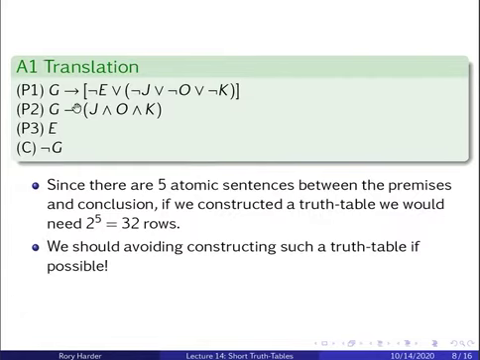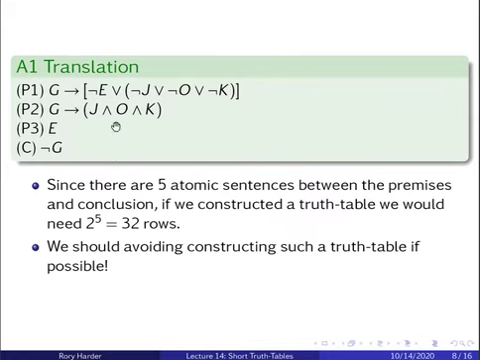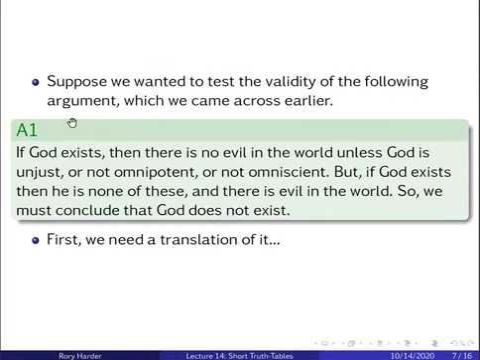So I haven't listed it explicitly here, but as a part of our translation, we have a translation manual which tells us which simple atomic sentence letters correspond to which simple sentences.